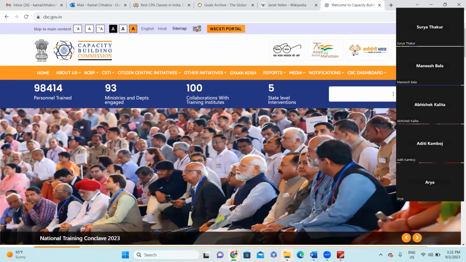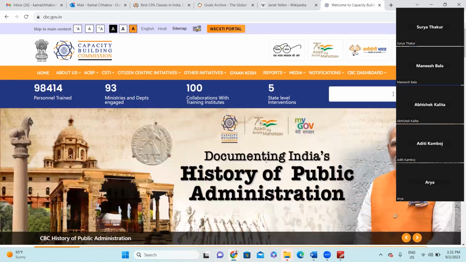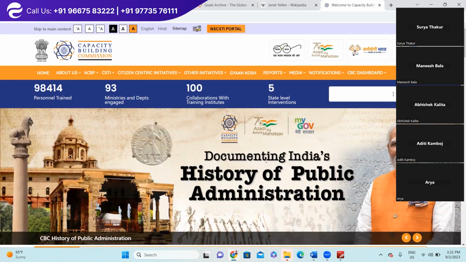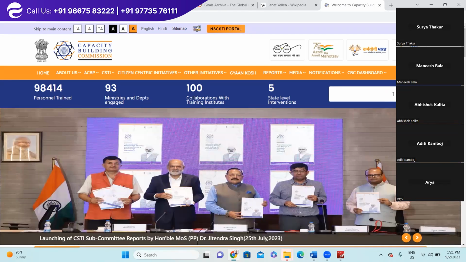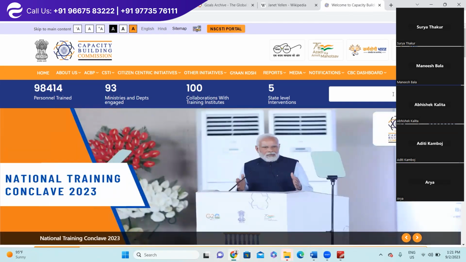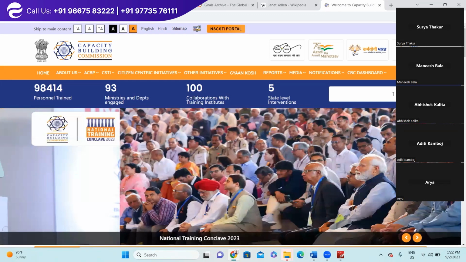No, it does not regulate. It provides university status to the institution, right? So they are the governing body who provide the status of university, whether it's private, autonomous, or the respective category of university, right? So this is Capacity Building Commission.